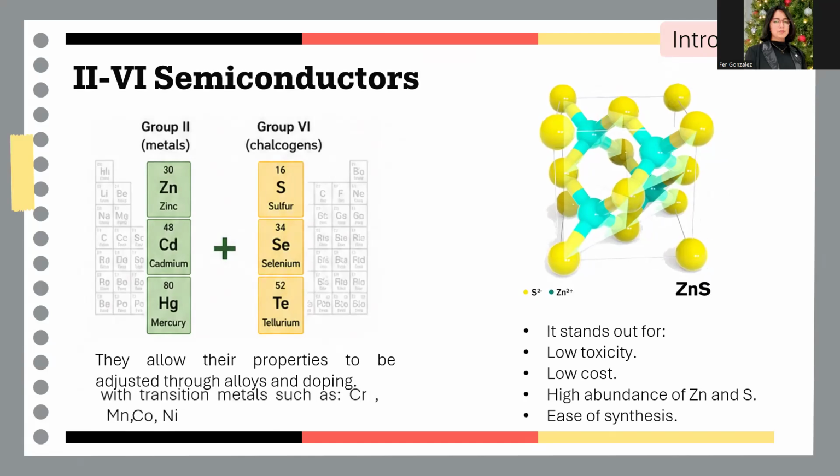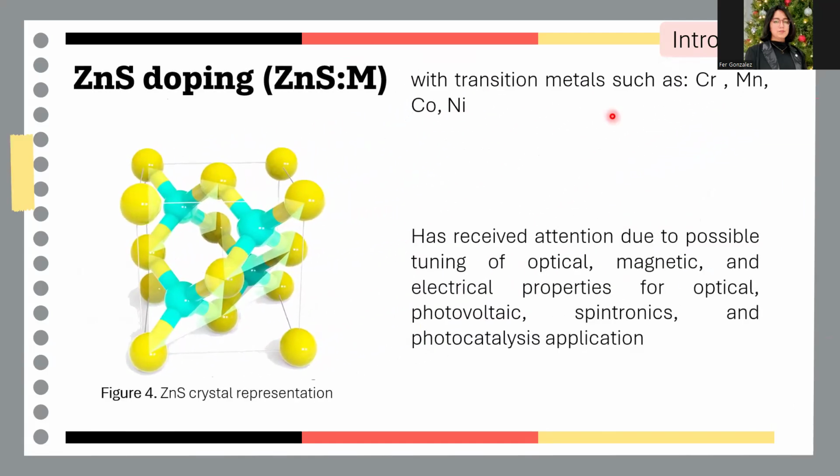This is why doping zinc sulfide with transition metals has received a lot of attention due to possible tuning of optical, magnetic, and electrical properties for application in spintronics and photocatalysis, among others.